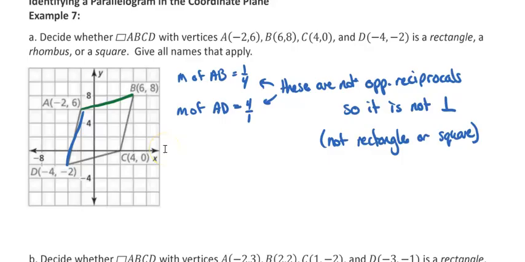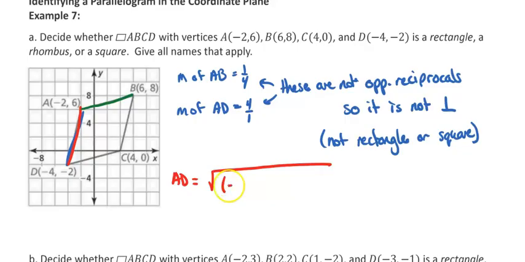All right, so to prove that it is a rhombus, I could prove all sides are the same length, but honestly, I really don't want to do the distance formula 4 times. But the good news is I could just go ahead and do it for this side, AD. So let's find AD. So remember the distance formula. You have a square root.